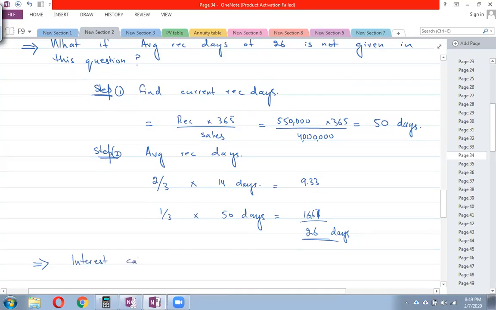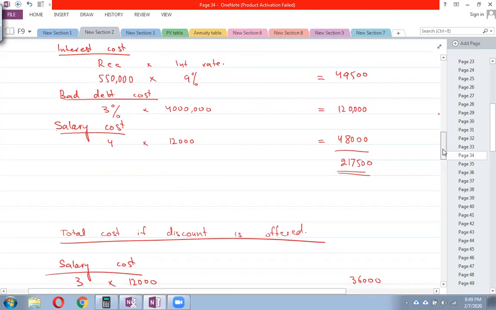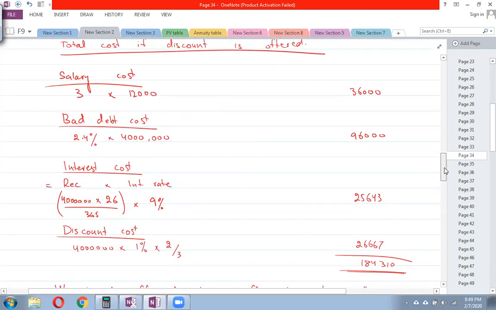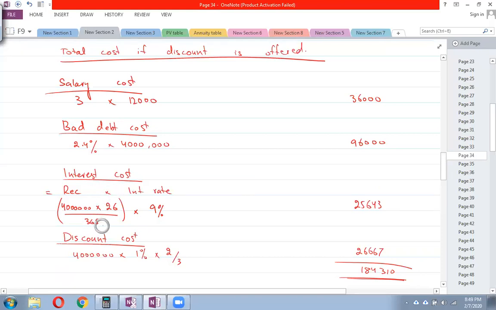Interest cost calculation in two steps. Remember, currently, we calculated our interest cost using the average receivable days of people who are paying us in 26 days.